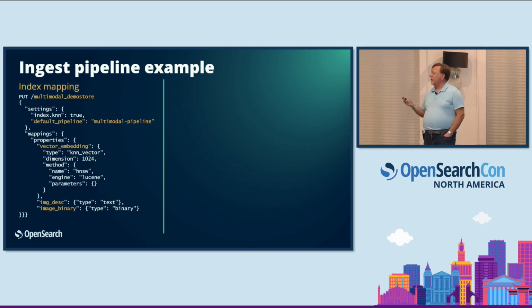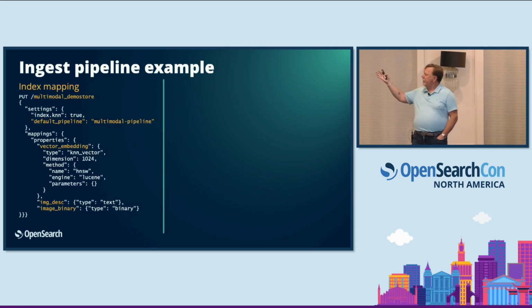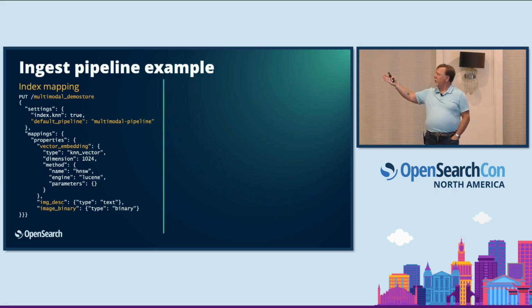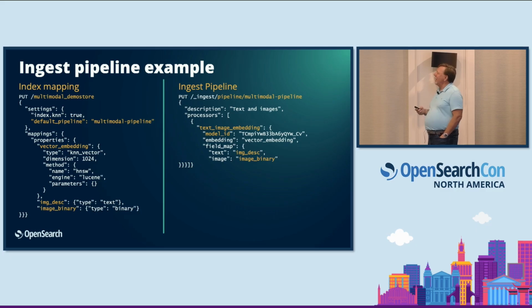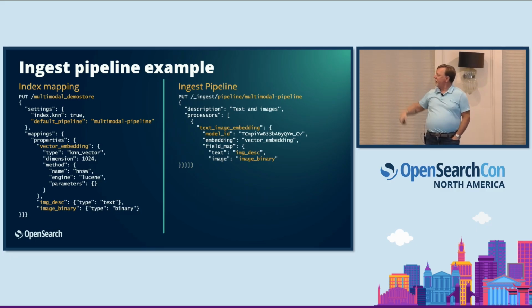I'm going to give you just a code example. In your index mapping for the ingest pipeline, you'll define a default pipeline. In this case, I'm calling it multimodal pipeline. I have a mapping that includes a vector embedding, and then two fields, the image description and the image binary. Then when I want to ingest, I put the ingest pipeline.